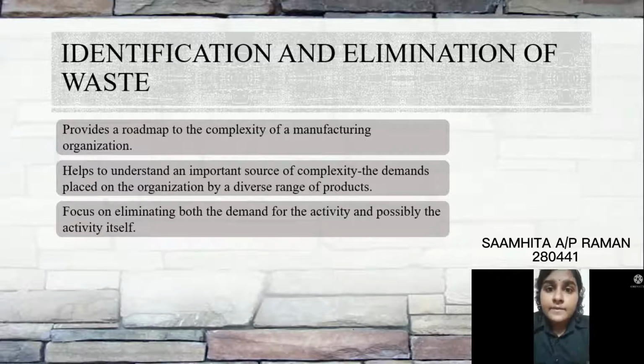It also helps the management team understand an important source of complexity, the demands placed on the organization by a diverse range of products. Once the management team understands what is keeping the organization busy and where the demands for activities come from, they can focus on eliminating both the demand for the activity and possibly the activity itself.